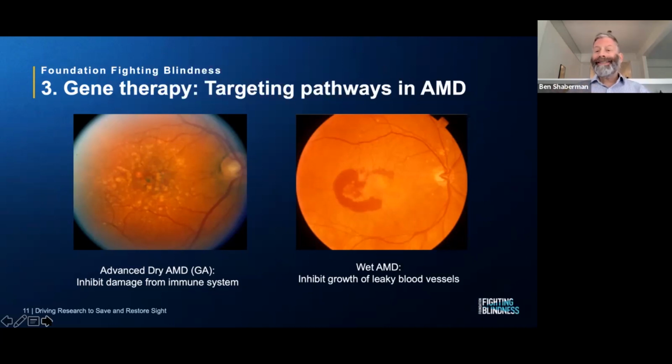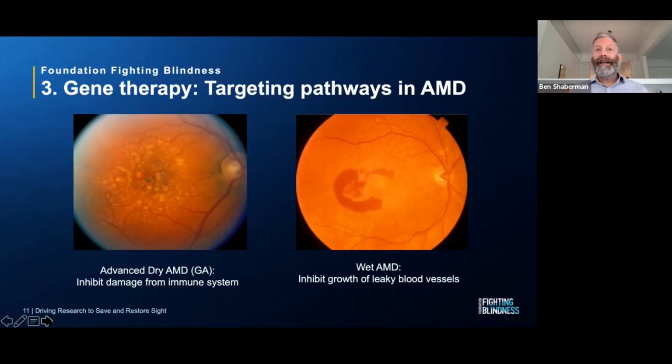There's a quicker onset, and it can cause significant vision loss more quickly than in dry AMD. Not to say that dry AMD can't cause significant vision loss as well. It's just slower.